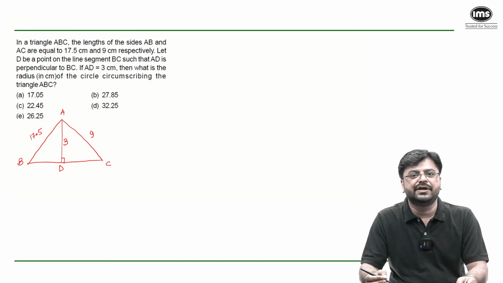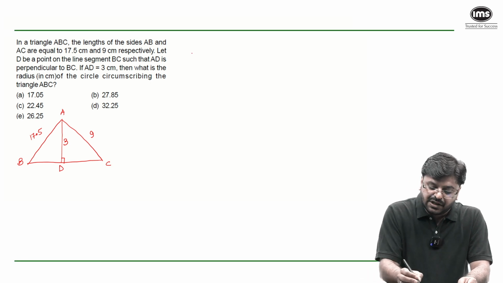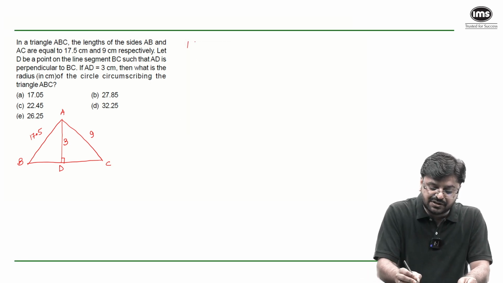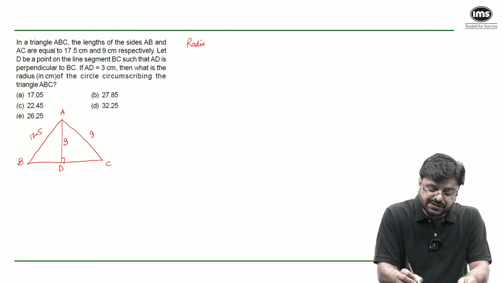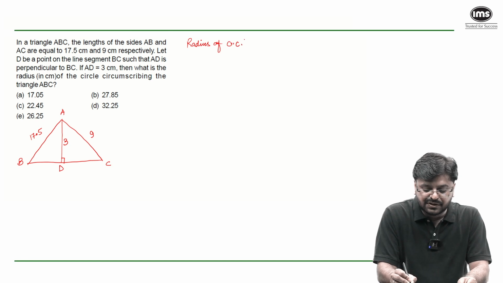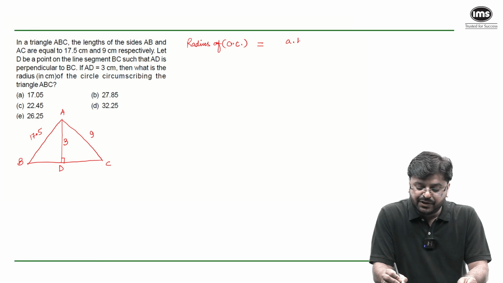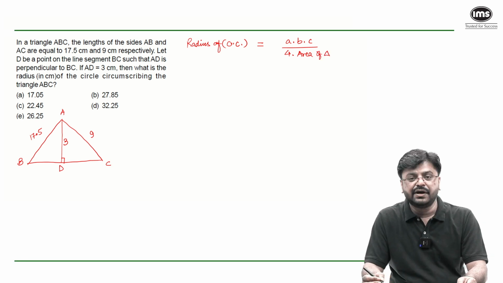Then what is the radius of the circumscribing circle? We need to calculate the radius of the circumscribing circle. We know that the radius of a circumscribing circle is a into b into c upon 4 times the area of the triangle.